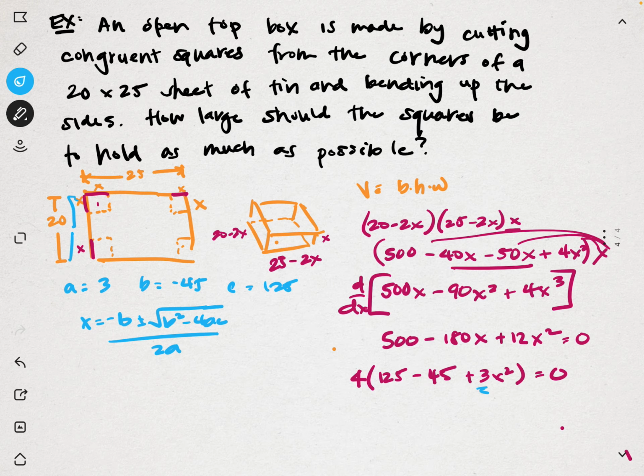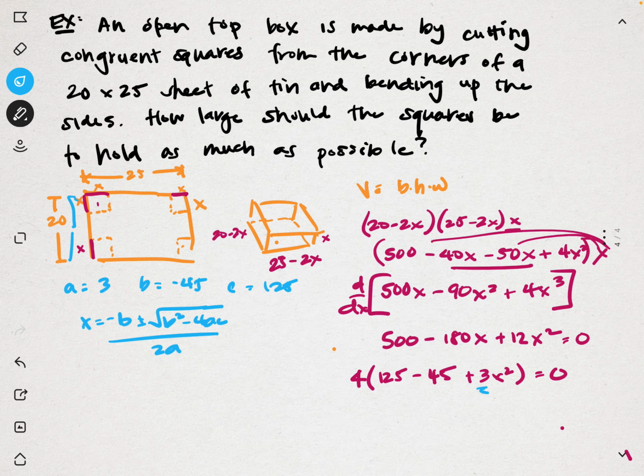Oh, I forgot to square it. 45 minus square root 45 squared minus 4 times 3 times 125.